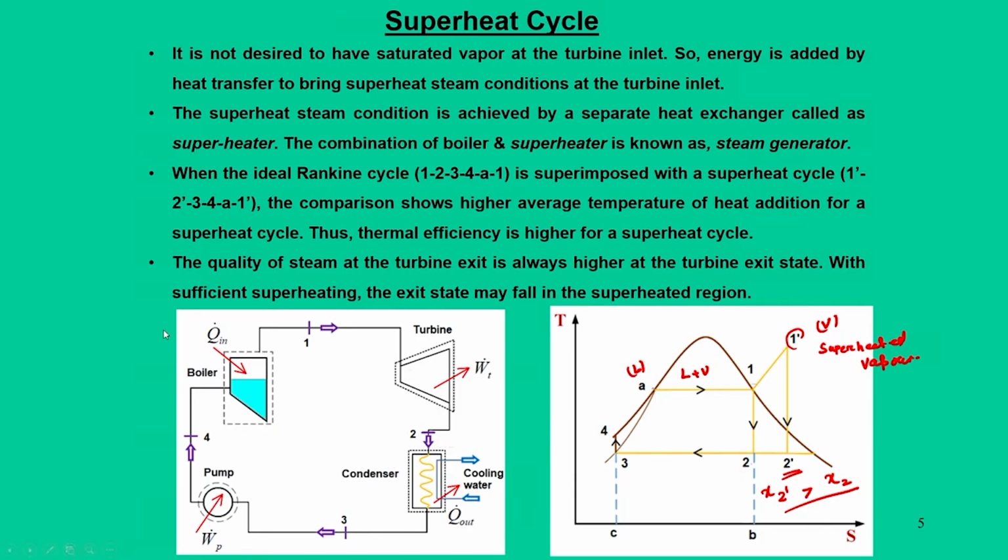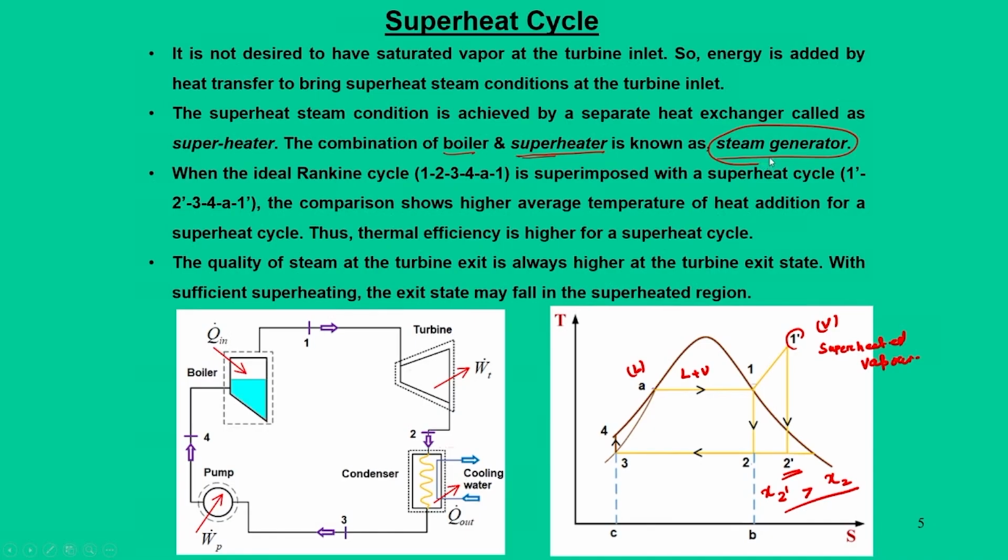Now, coming back to the boiler side, the essential extra arrangement that we make is that we need another unit called a superheating unit, and the boiler and superheating unit combined is called a steam generator. We will look into the steam generator in more detail in the subsequent modules.